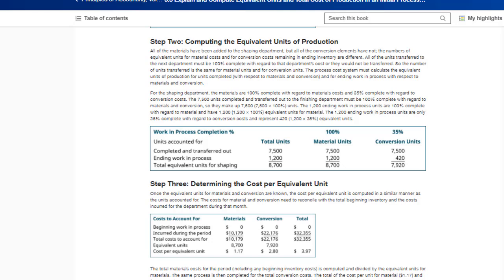However, the 1,200 gallons of milk that we're still working on at the end of the day were not fully pasteurized.